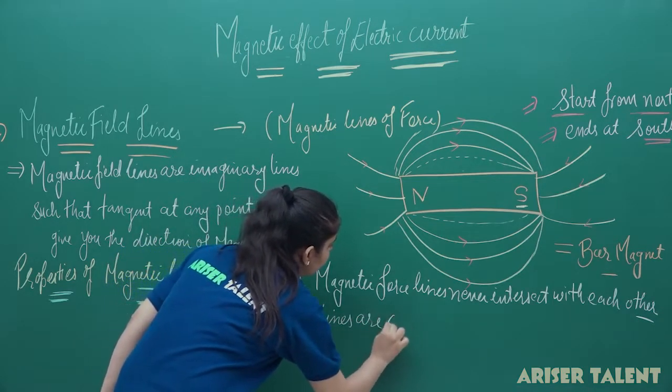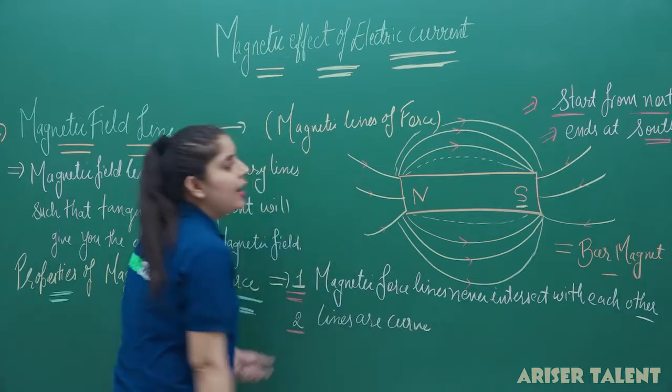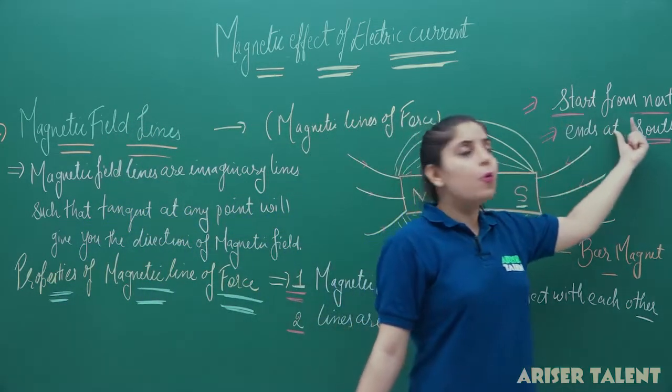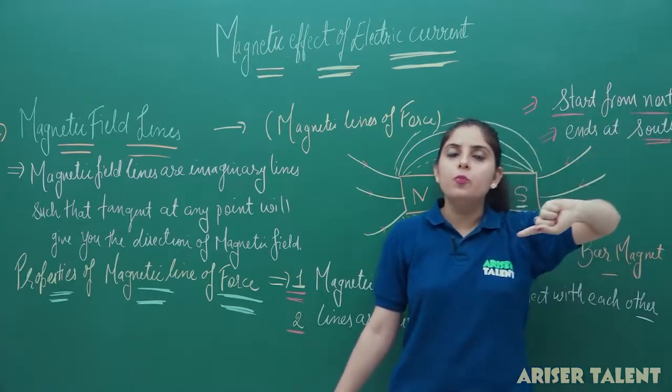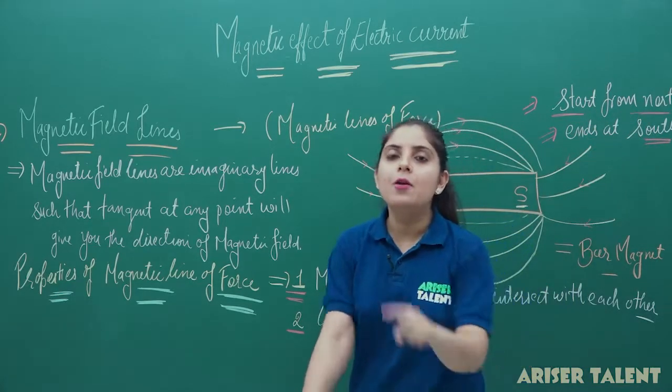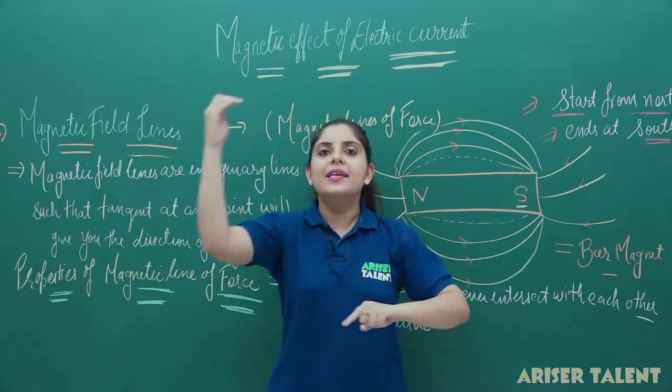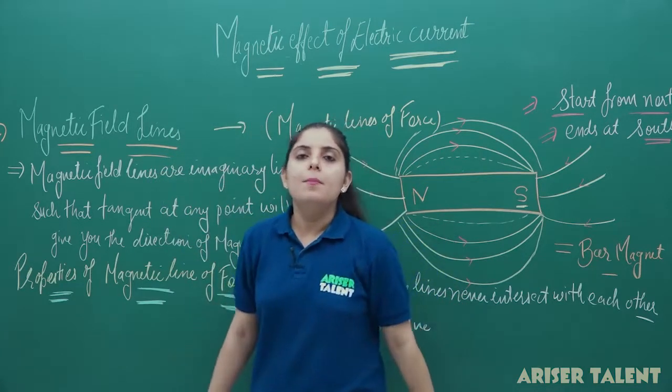The lines are curves, and one property we have discussed here is that they start from the north pole and end at the south pole. So this is one more property we have, that the magnetic lines of force start from the north pole and end at the south pole of a magnet.